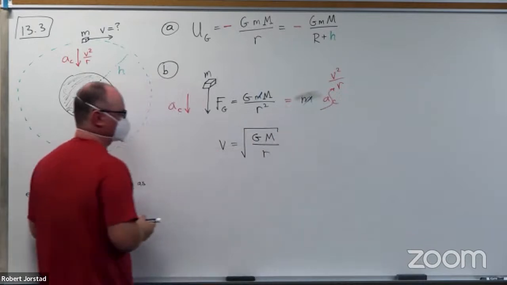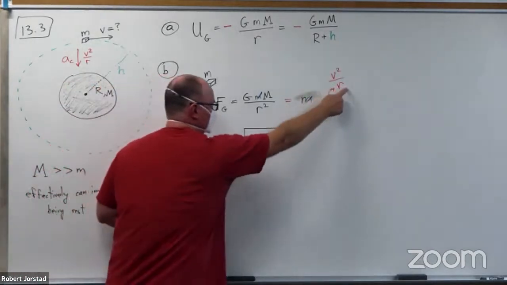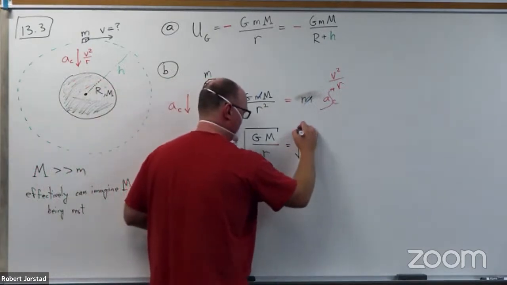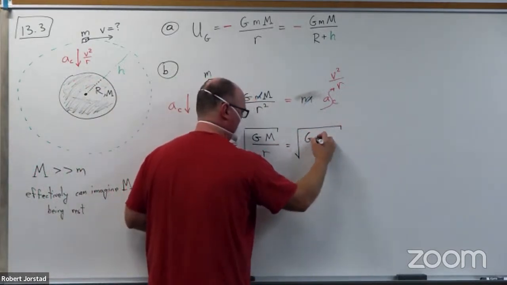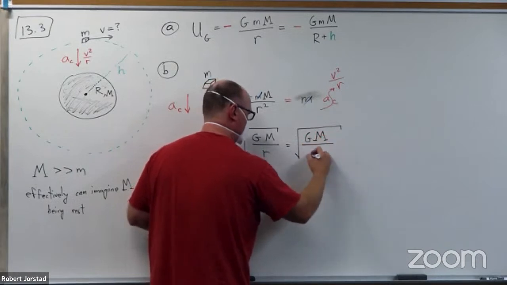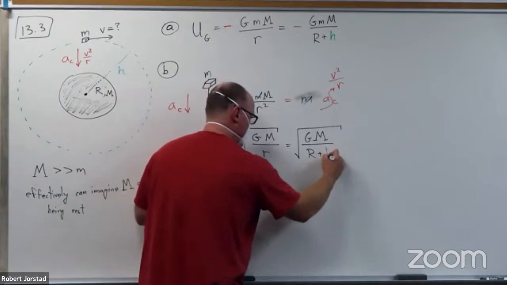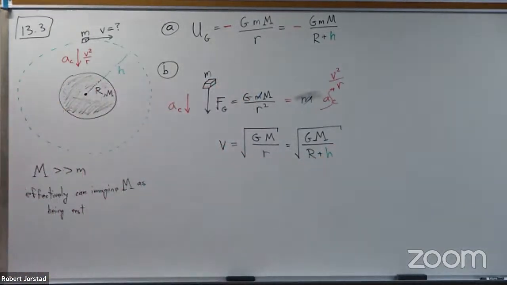Is that right? One of these cancels one of those, we get a square root, and now I'll write this in terms of the variables requested in the problem. That's the speed. Cool.